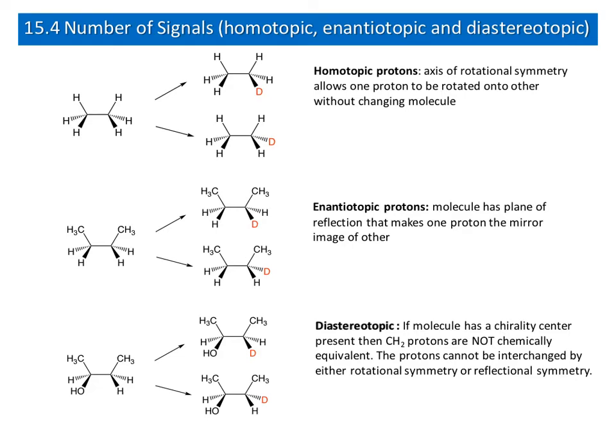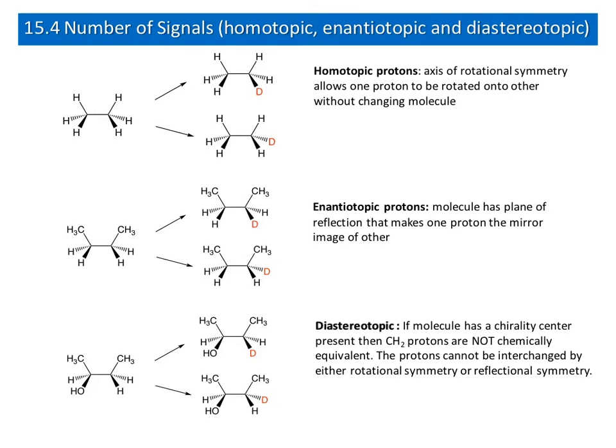If they cannot interchange using these symmetry operations, they aren't chemically equivalent and they show different signals in hydrogen NMR. Based on that, we can have different types of protons: homotopic, enantiotopic, or diastereotopic protons. To explain these terms, let's look at the following examples.